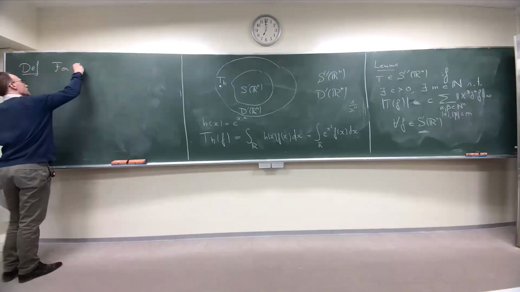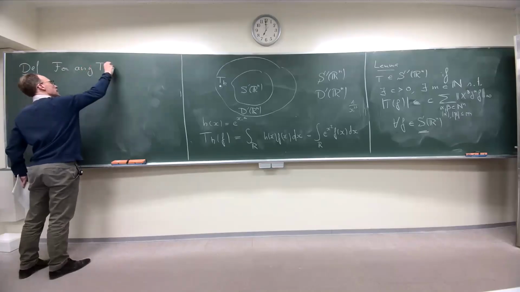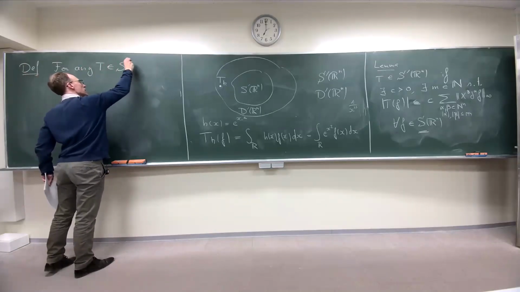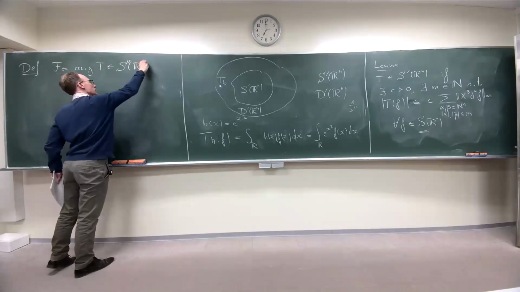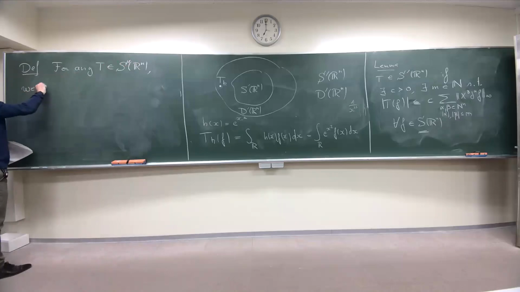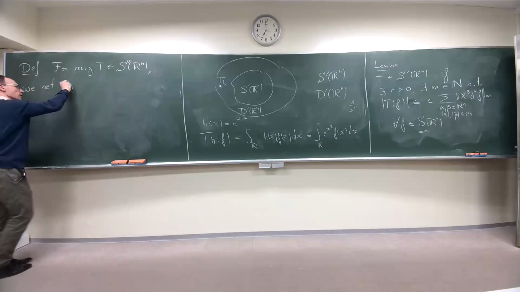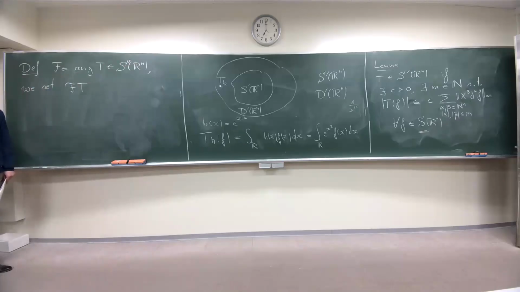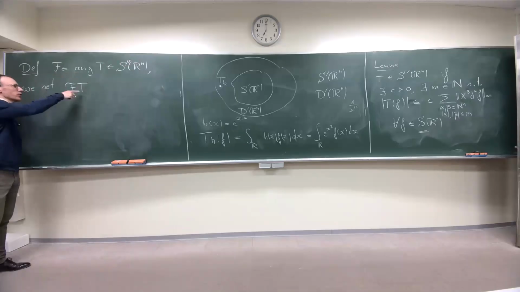For any T tempered distribution, so in S prime of Rn, we set the Fourier transform of T. This is what I wanted to define: the Fourier transform of a distribution.